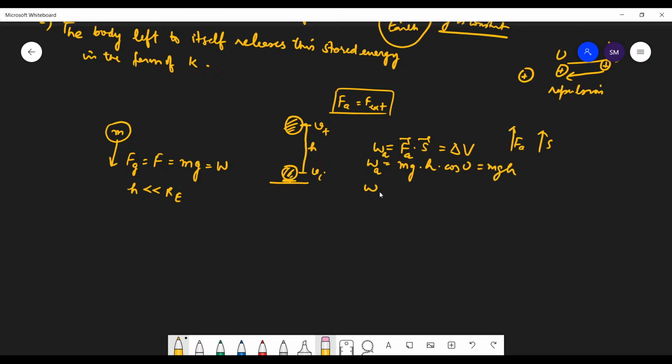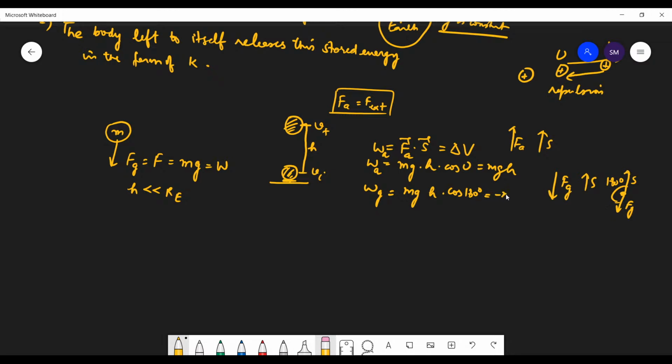Now what is the work done by the gravitational force? See, gravitational force was acting downwards and displacement was upward. So what is the angle between them? Fg is the same, mg, and the height is the displacement, but here the angle is 180 degrees, meaning equal and opposite. The angle between displacement and Fg is 180 degrees, and cos 180 is minus 1.